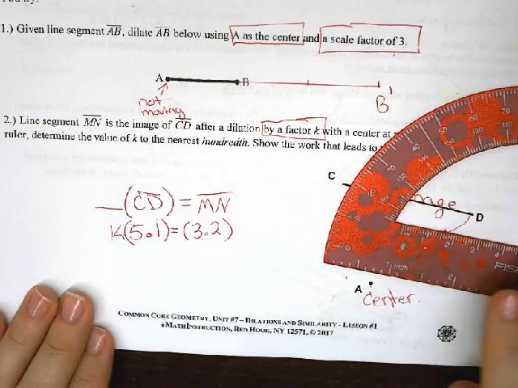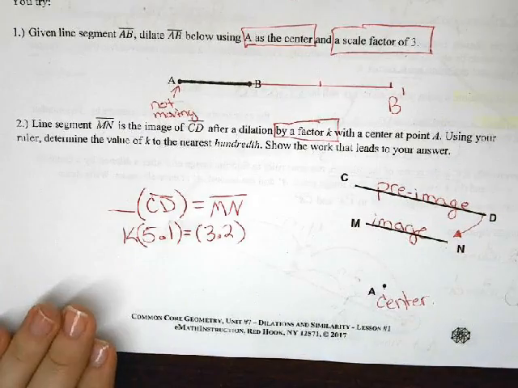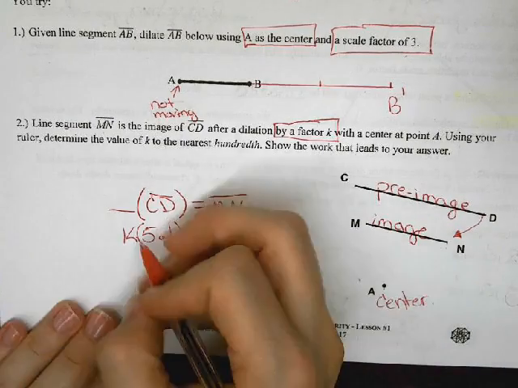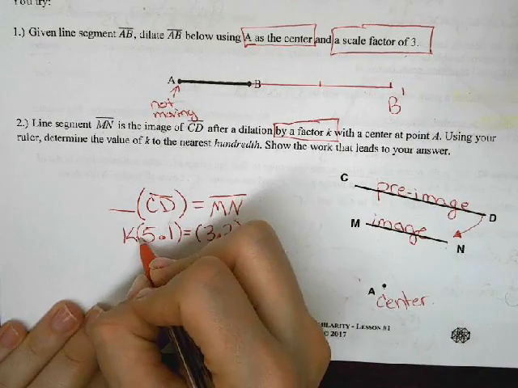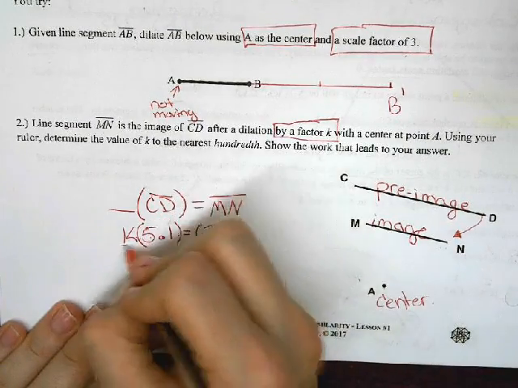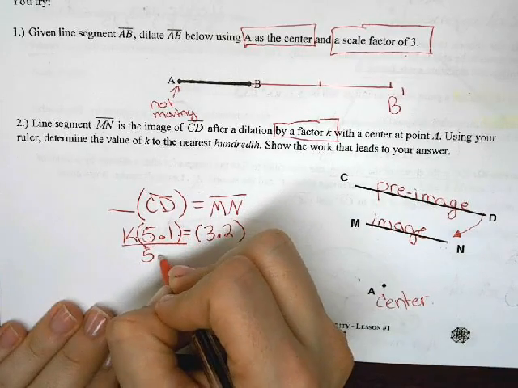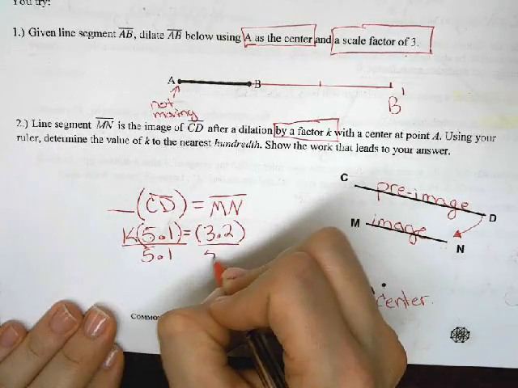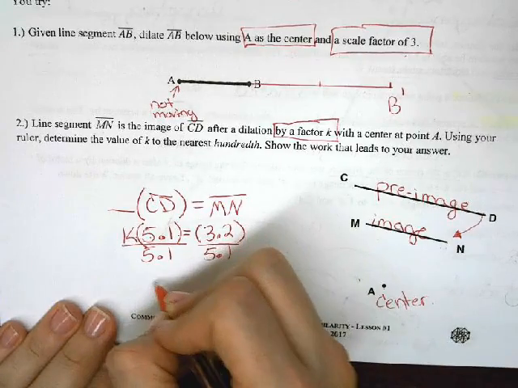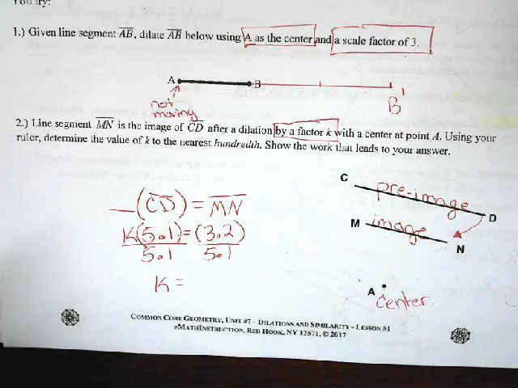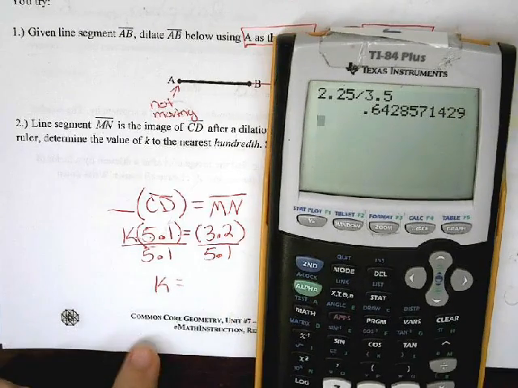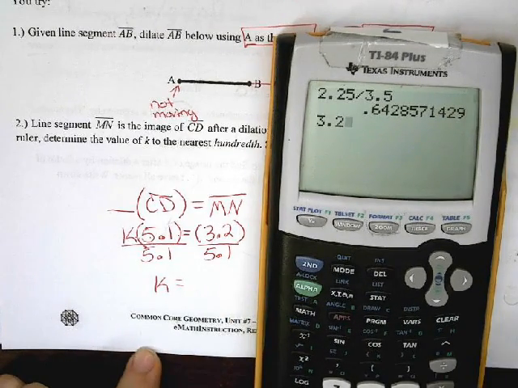Now this is just like solving equations. Okay, so all I got to do is, since this is K times 5.1, I divide by 5.1 to get K by itself. So I'm going to do 3.2 divided by 5.1.